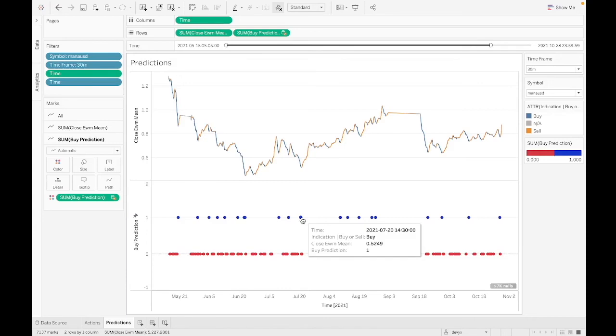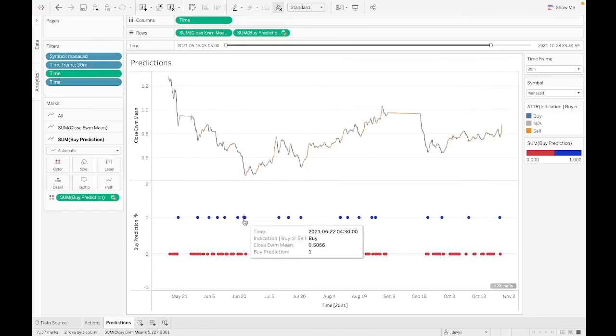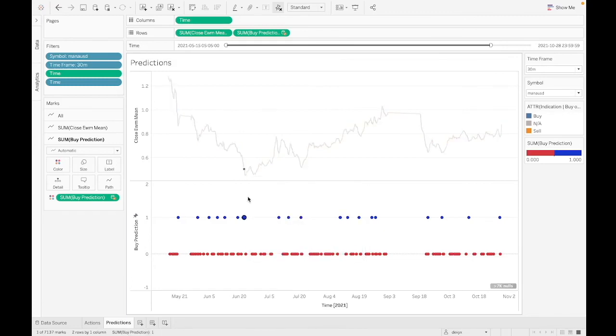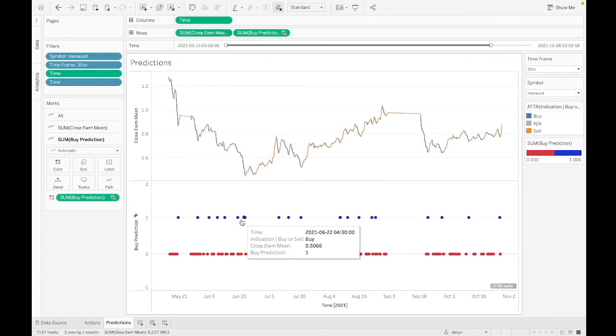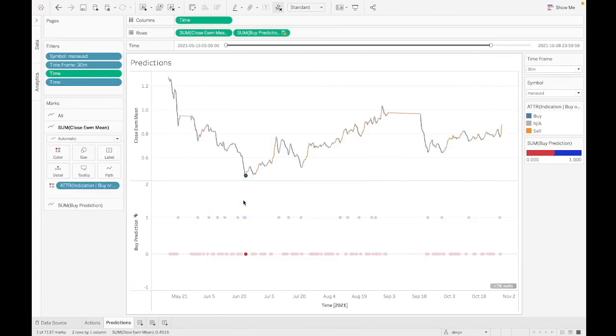Something I don't like about that with this specific application is there are lots of places where, for example, you see these two dots that are super close to one another. These are both attractive points to buy. Just because the system decides to buy here, which technically isn't as good as buying here, doesn't mean it's wrong. I like both of those moves.